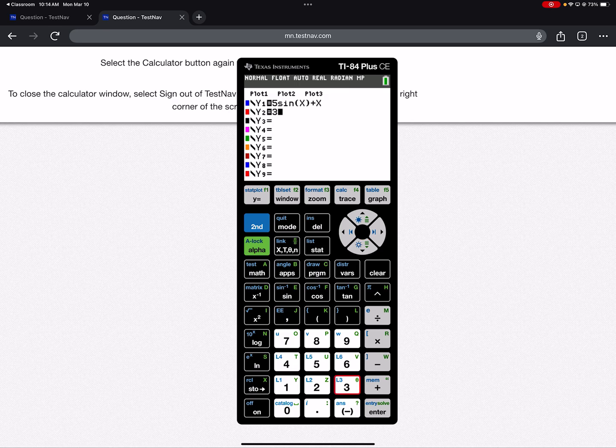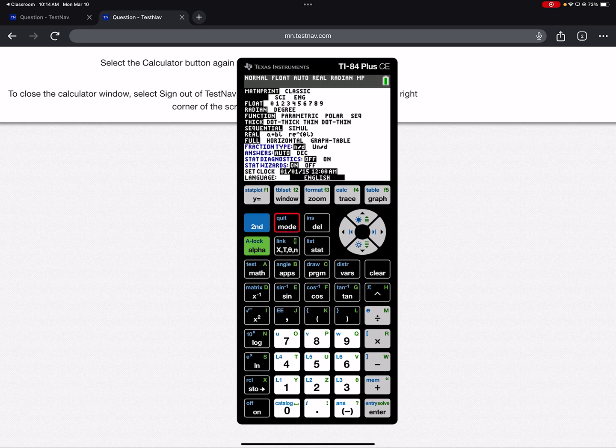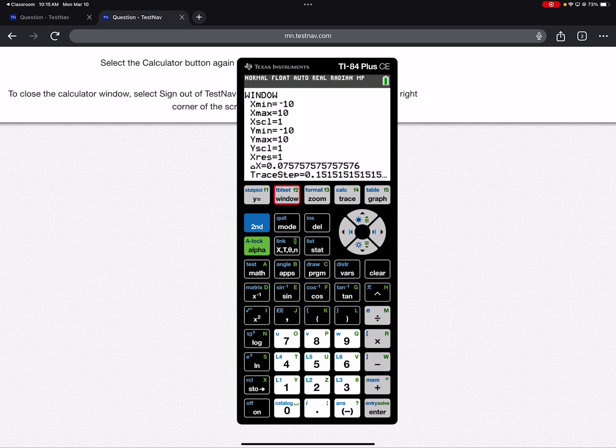Now, a couple things. We usually solve these between 0 and 2 pi, right? So what I want to show you is if I go to window, I'm going to make the x min not 0, a little less than 0. So I'm going to type in negative pi. Just go to second and then the caret key for pi.